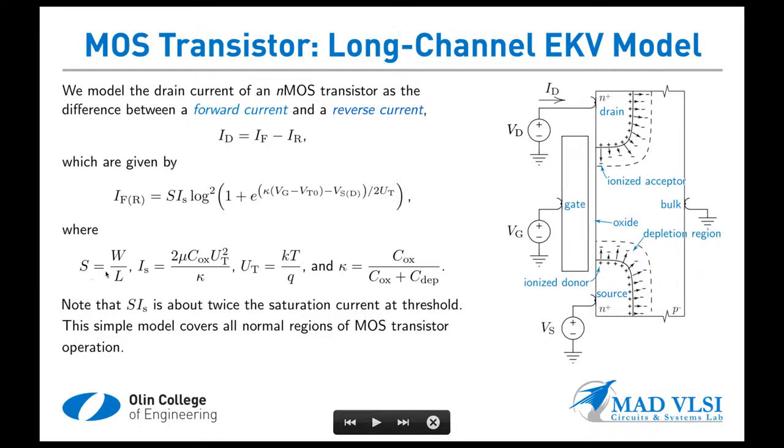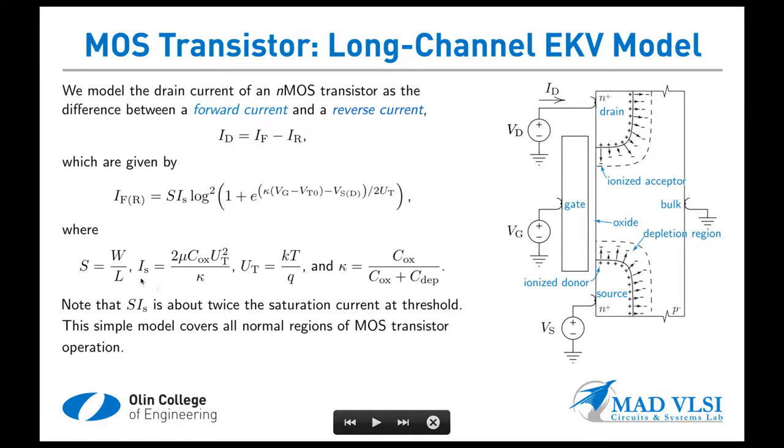Here S is the strength ratio, W over L. Is is 2 mu Cox Ut squared over kappa. It's called the specific current. Ut is the thermal voltage, kT over q, and kappa is this capacitive voltage divider between the gate and the surface, so Cox over Cox plus C depletion.